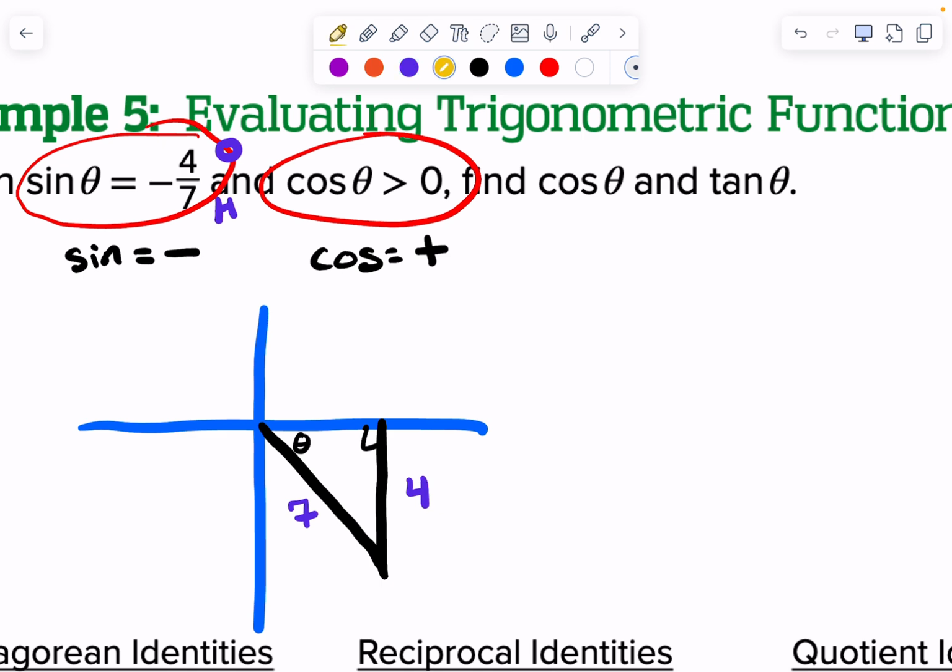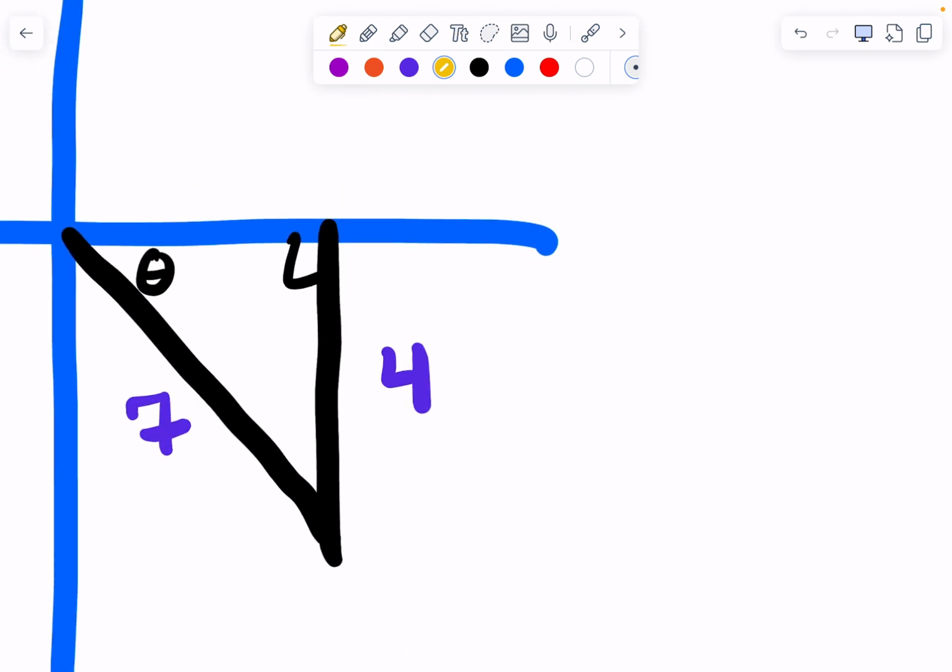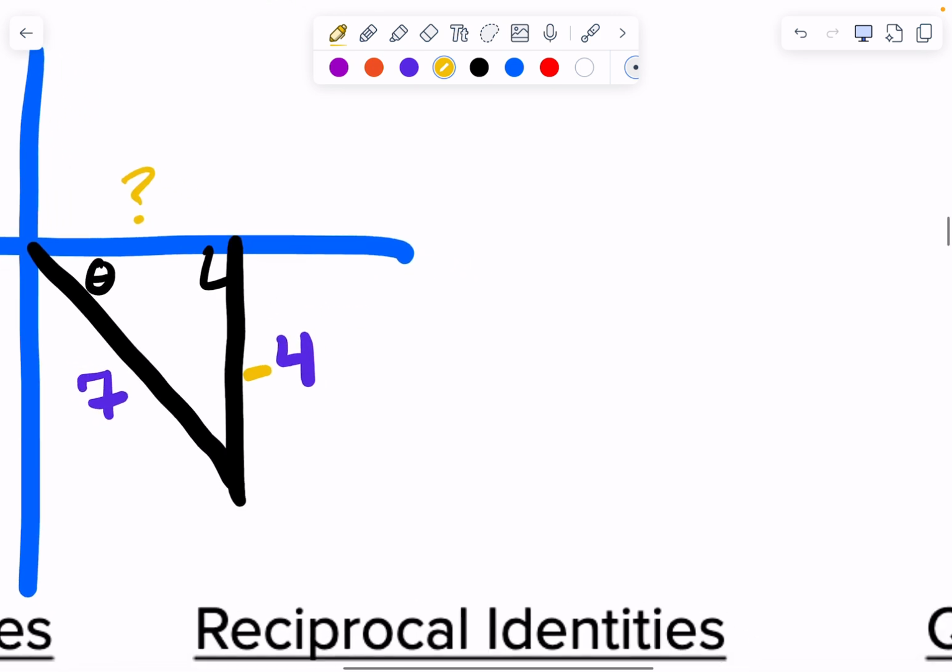Okay, here's the problem. 4 and 7, one of those has to be negative because sine is negative 4 sevenths. Which one's negative? 4, because 4 is going down. So don't forget that the 4 has a negative on it. Now how do I figure out this side? A squared plus negative 4 squared equals 7 squared.